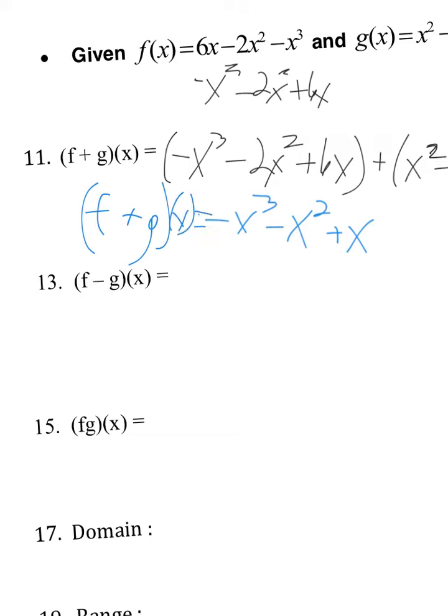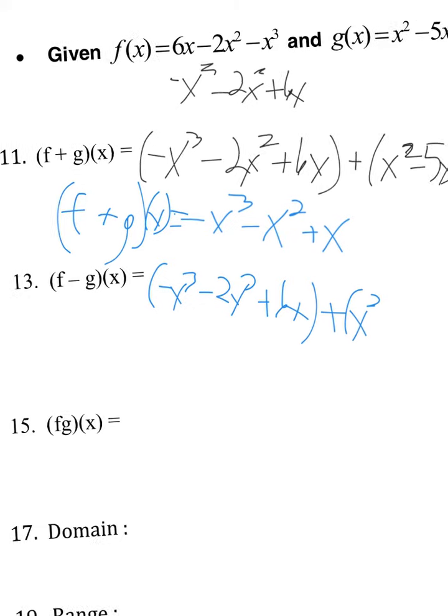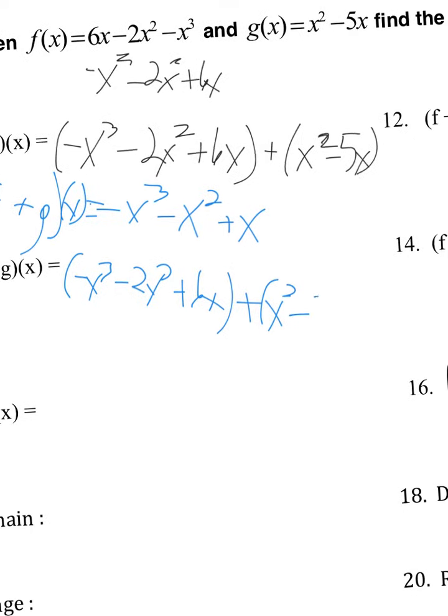Alright. The next thing I'm going to do is do the f minus g. So same thing, just write negative x to the third minus 2x squared plus 6x, minus x squared plus 5x. Combine like terms here. Oh wait, why did I write plus?